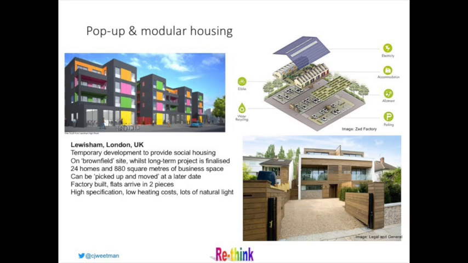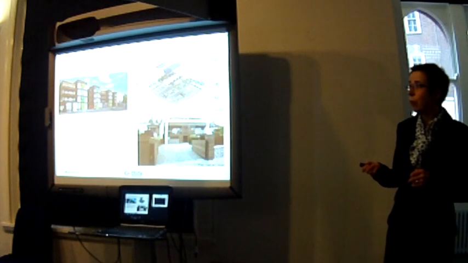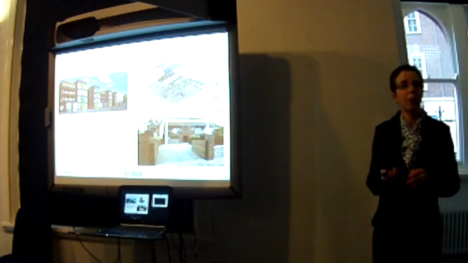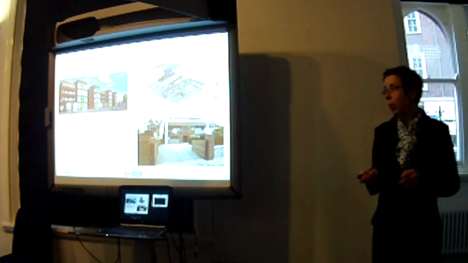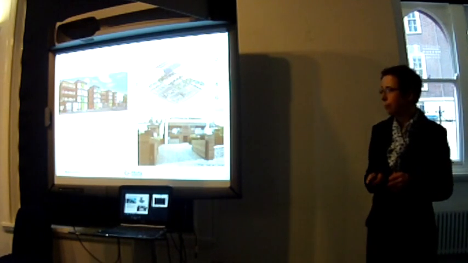And they can fulfil different needs. So this example from Lewisham was a temporary development to fill a site while a more complicated project was being planned. And after a couple of years, those very energy efficient and nicely designed houses could be moved to another site. So they were used for temporary social housing instead of people being in B&Bs.